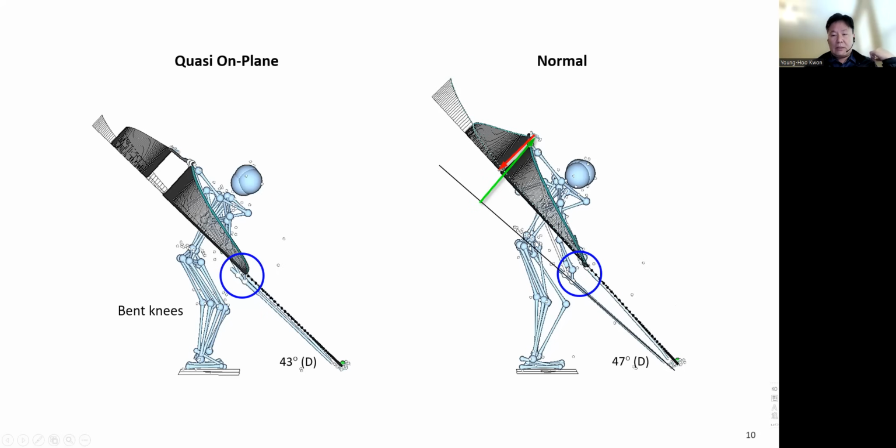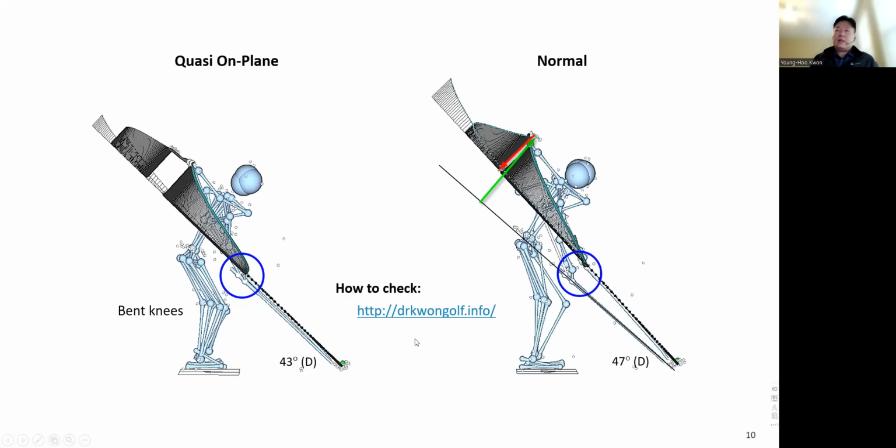What actually happens during the downswing is a bit of shallowing of the club, and then a fast motion of the club along a much steeper plane than the initial alignment.